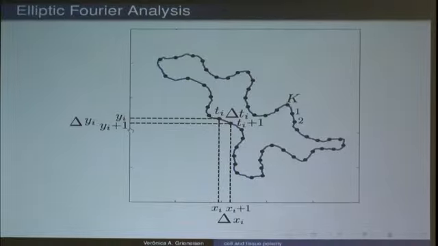This is the elliptic Fourier analysis, because we're doing it for x and y, so we have these matrices. We parameterize it so that when you do the complete full circle, you complete T, big T.